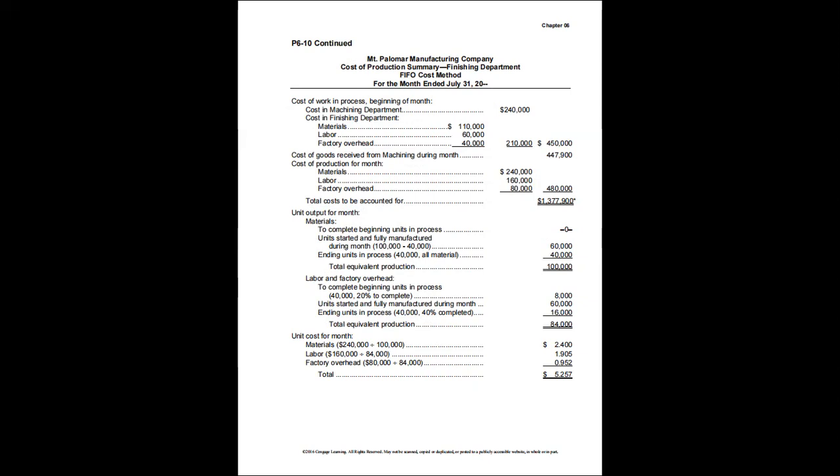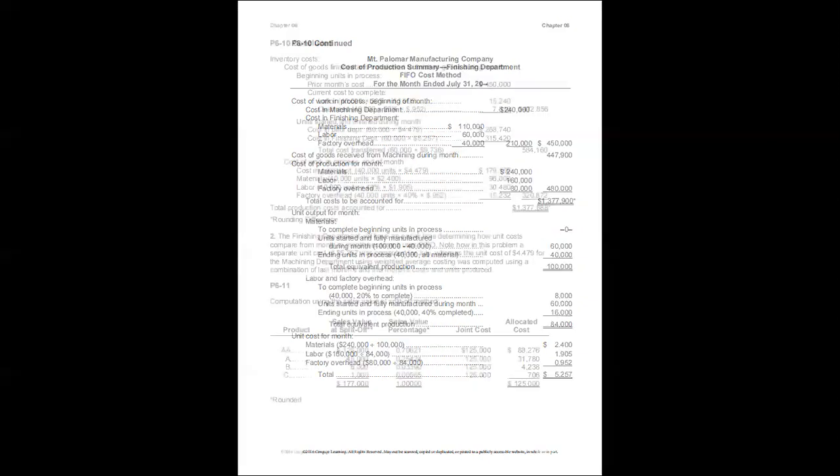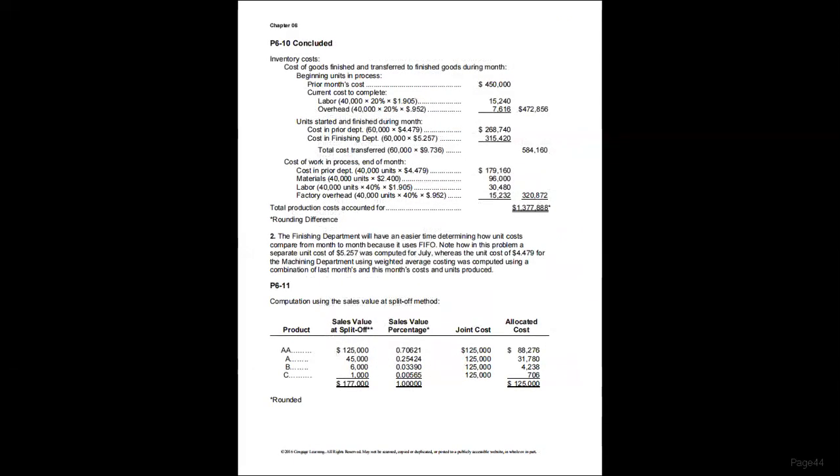Unit cost for the month, 240,000 divided by 100,000 as our EP. And we divide labor, 84,000. So we get now the unit cost of 5.257. We are using the FIFO cost method in the finishing department.